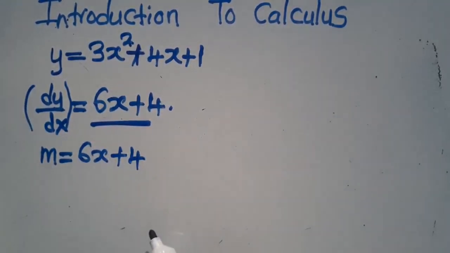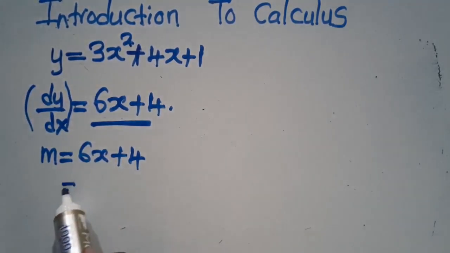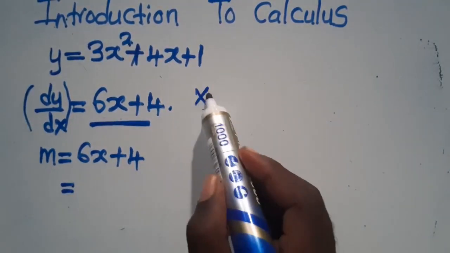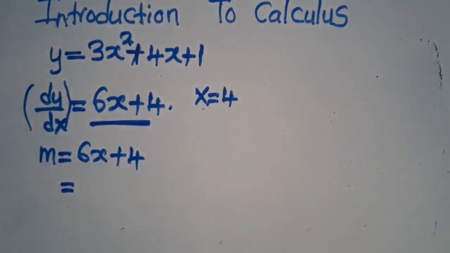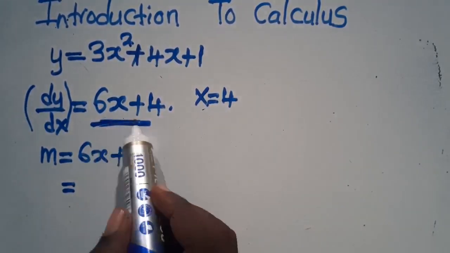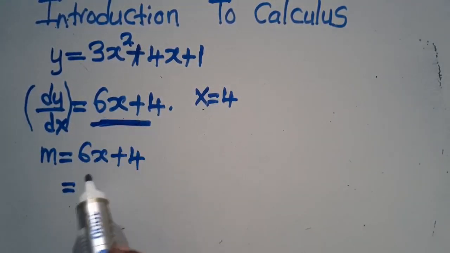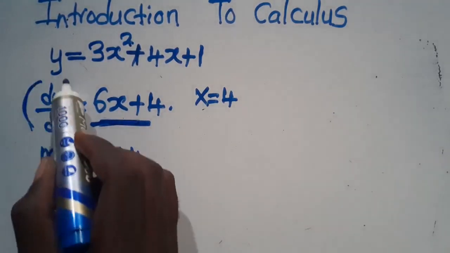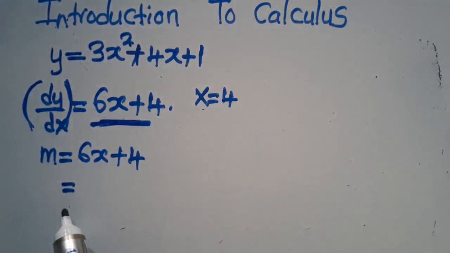So this question that I'm answering is the equation of the tangent, the first question. This is what you are supposed to do. So gradient is what? You are told that x is equal to 4. So first differentiate. After you differentiate, find the gradient. Where there is dy/dx, you put m.